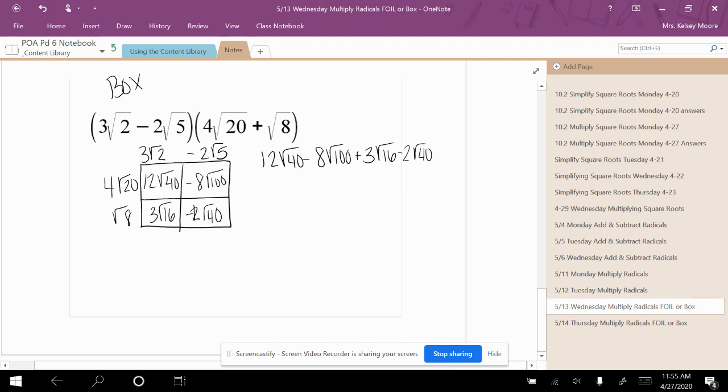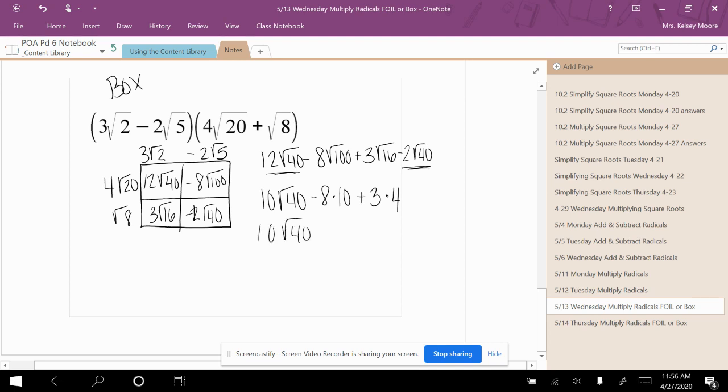All right, looking at a couple things, you can combine those two together because you have the square root of 40. So 12 minus 2 would be 10 square root of 40. Then the square root of 100 is 10. And the square root of 16 is 4.